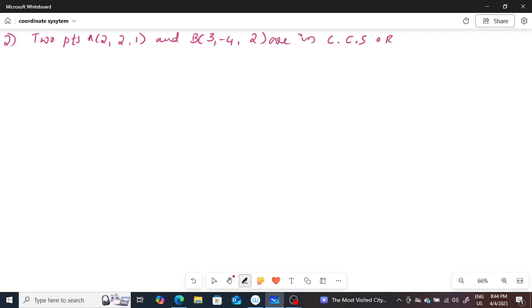Second problem: two points A of 2, 2, 1 and B of 3, minus 4, 2 are in the Cartesian coordinate system, or rectangular coordinate system.